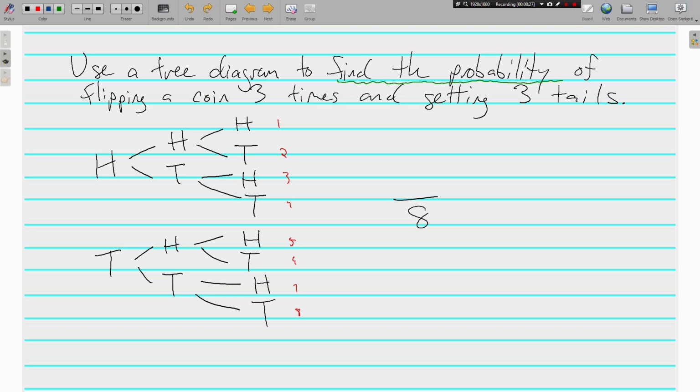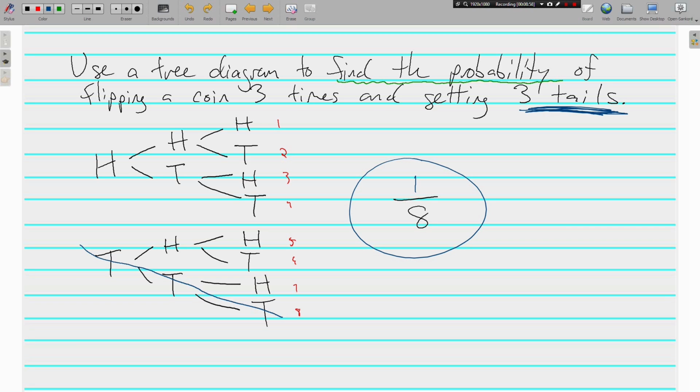We're looking for the probability of getting 3 tails. Alright, so how many of these 8 options have 3 tails? Well, it's just this one down here at the bottom. Tails, tails, tails. So the probability of getting 3 tails is 1 out of 8. There's only one of these 8 combinations that has all 3 tails. All the rest of them have at least 1 heads.